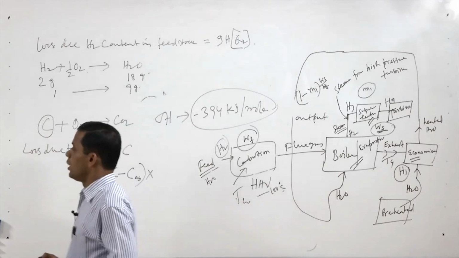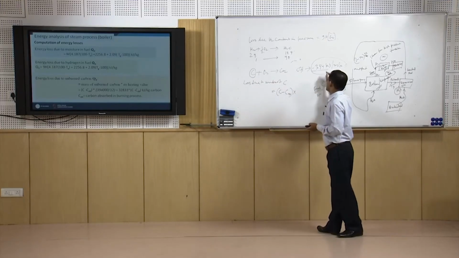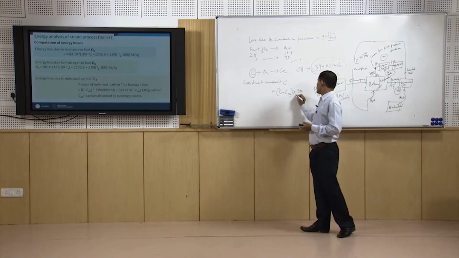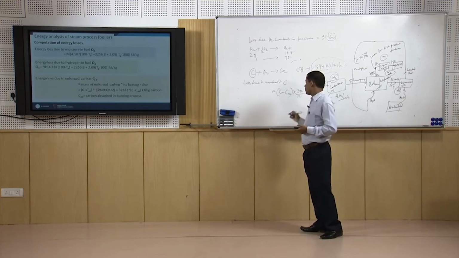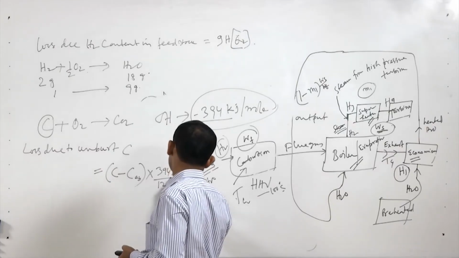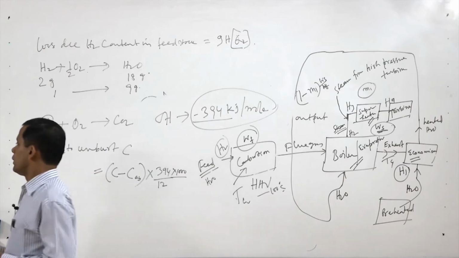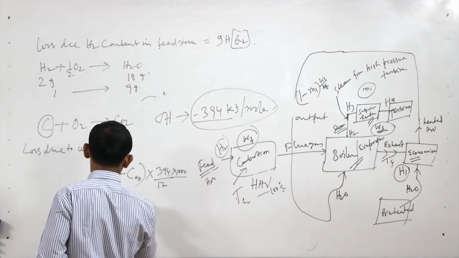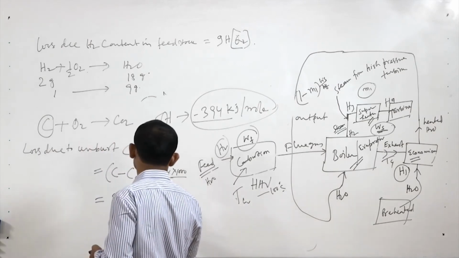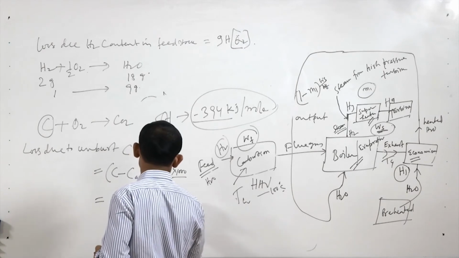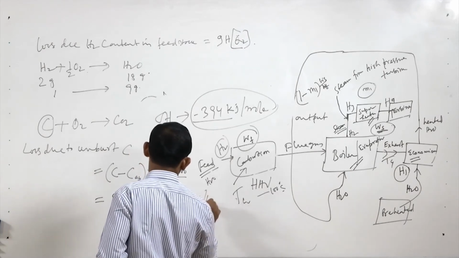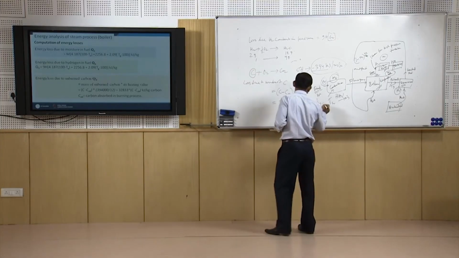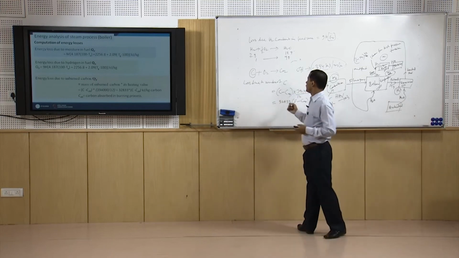The heating value we have seen is 394 kilojoule per mole, so 394 divided by 12 kilojoule per gram, into 1000, gives kilojoule per kg. So, that is equal to 32833 into C minus C absorbed kilojoule per kg. So, that is the loss. What is that kg? Kg carbon. This is not the feedstock, this is carbon.